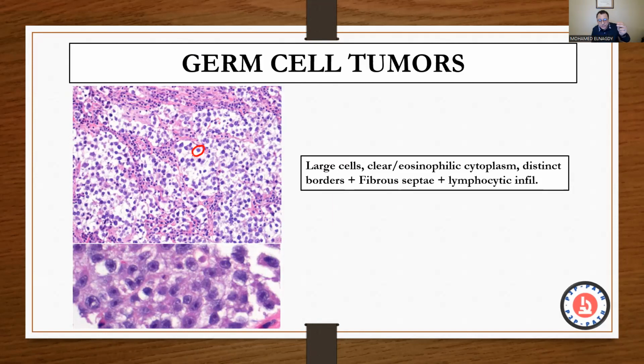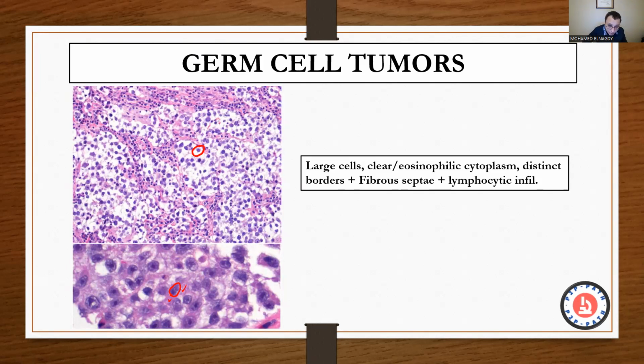You might have some pale eosinophilic cytoplasm in some instances, like this cell. It has a big nucleus, and the cytoplasm is retained but pale eosinophilic. Usually most of the cells look clear, as you see here: large cells with clear to pale eosinophilic cytoplasm.